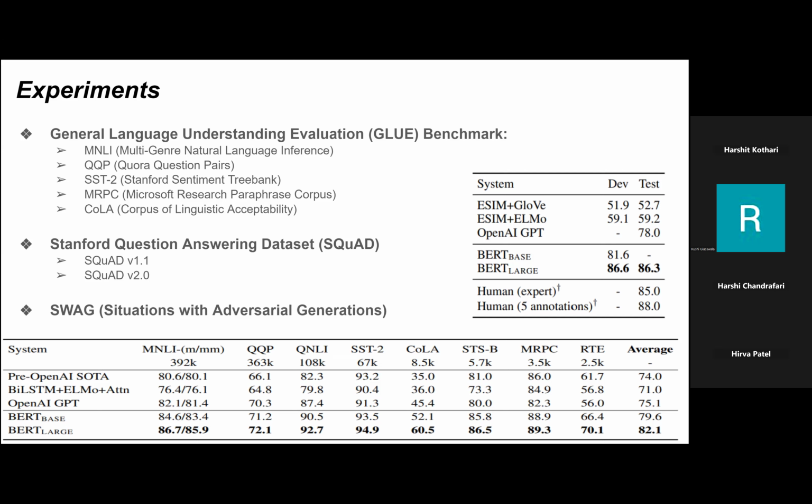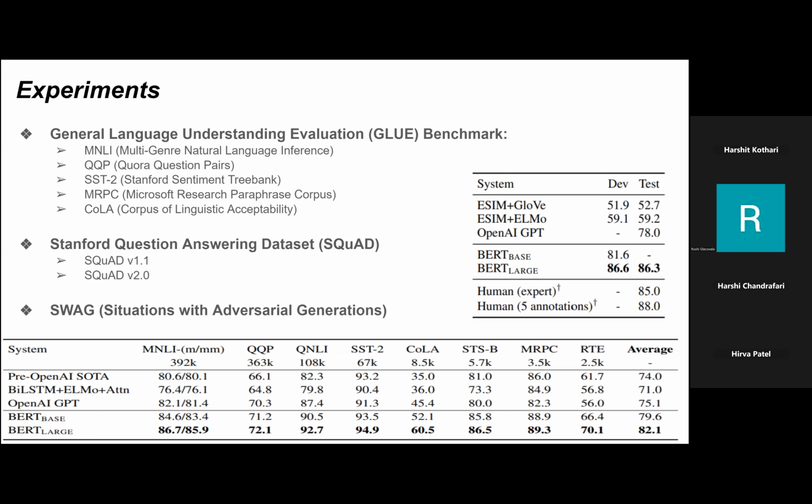In the QQP, or the Quora Question Pairs, BERT has to check if two questions asked on Quora mean the same thing or not. For SST-2, or the Stanford Sentiment Treebank, BERT was given a task to decide whether a sentence is positive or negative, like we have in movie reviews.